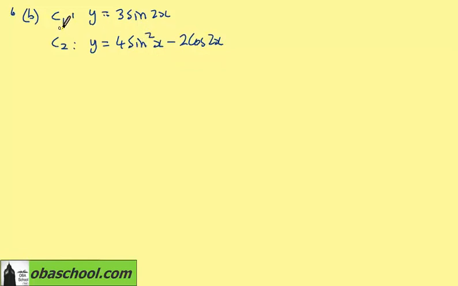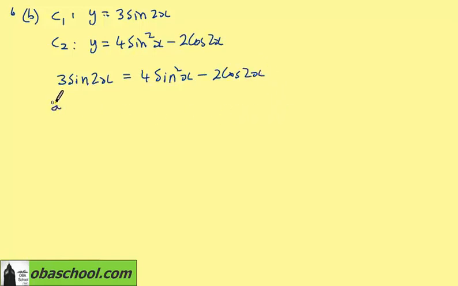We can see that what we're after is the intersection between these two curves, so we need to solve them simultaneously. Since they're both y equals, we can simply write down 3 sine 2x is equal to 4 sine squared x, take away 2 cos 2x.